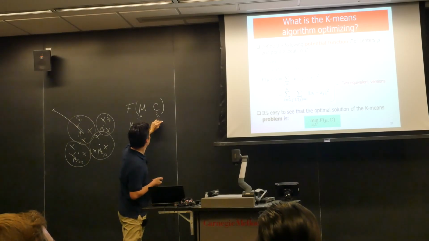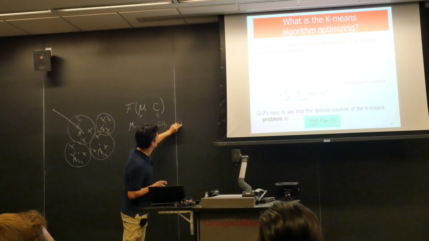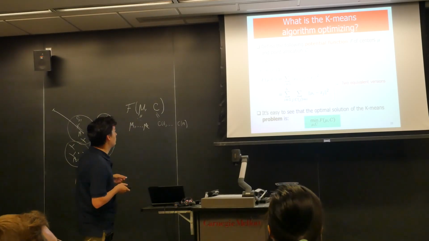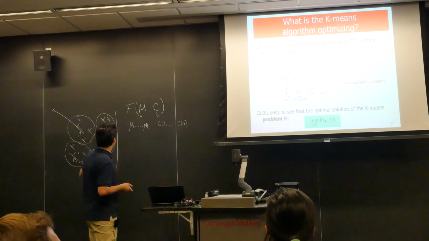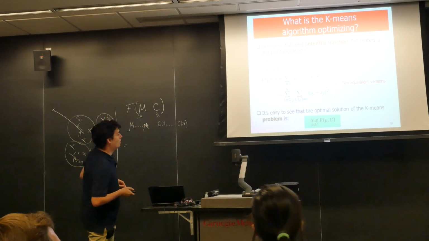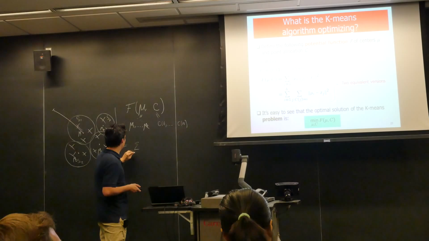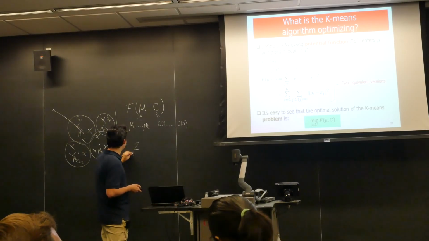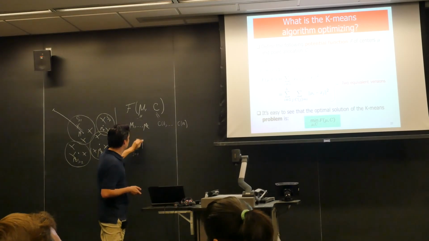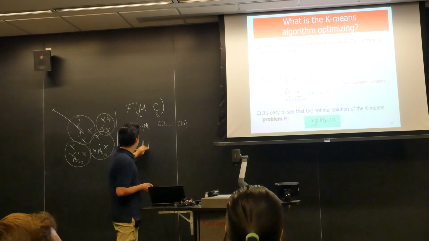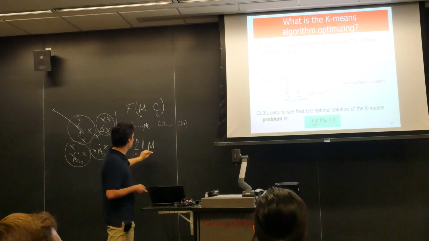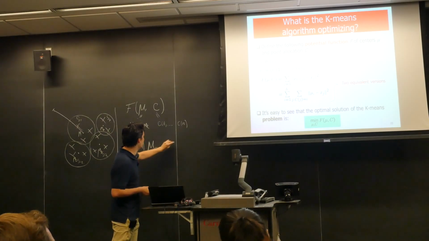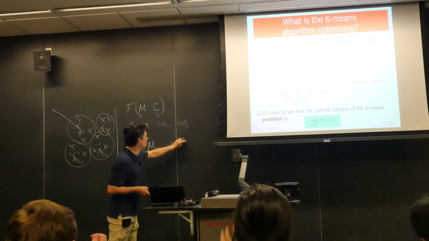So this is c1 through cn. And this potential function f of mu and c is just the sum over all instances, j going from 1 to n, of the cluster center mu that belongs to instance j, that is mu c_j, minus x_j, squared.